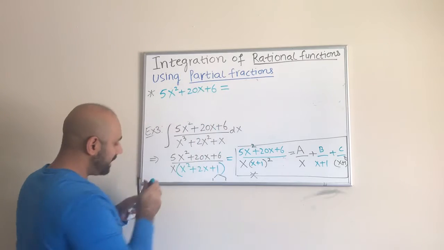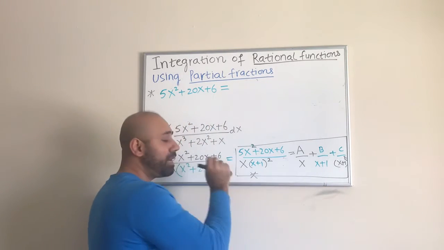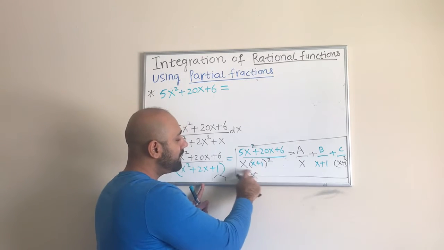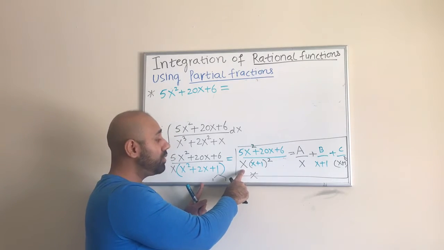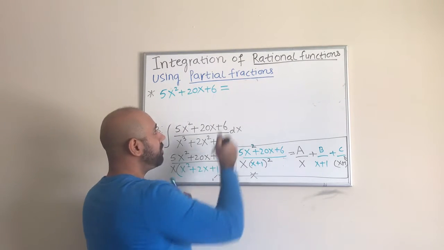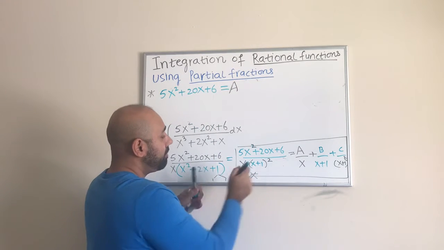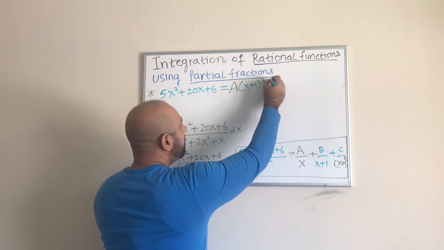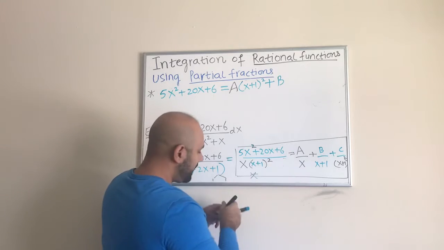And then on the right hand side, let's be careful. On the right hand side, there are 3 pieces. We have to multiply this guy to all the 3 individual pieces. So when I multiply this guy to the first piece, there's an x downstairs and there will be an x upstairs, so the x's will cross out. I'm left with only a, and then I'll have to multiply that by x plus 1 squared. So I'm going to just write this x plus 1 squared, then plus b, and let us see what is left with b. With b there's an x plus 1.